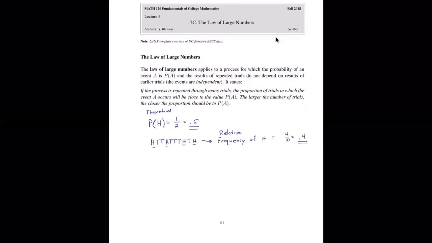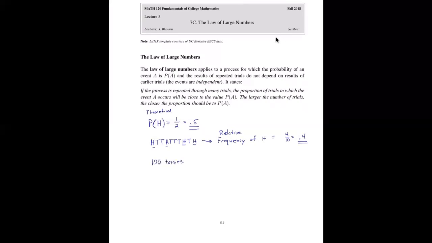Now, what the law of large numbers actually tells us is that maybe we do 100 tosses. Okay, and then suppose 51 of those were heads.